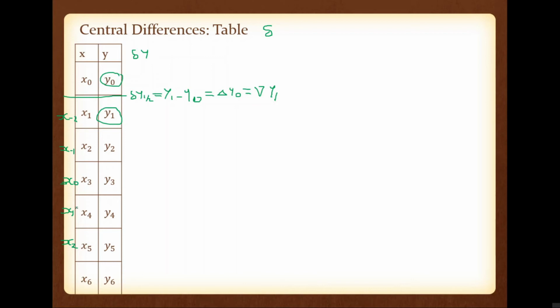Okay. Now what about the central difference of y2 and y1? Theta y, what is the middle point of 2 and 1? That is 3 by 2, that is 1.5, right? Theta y 3 by 2 or theta y 1.5. This is equal to y2 minus y1.